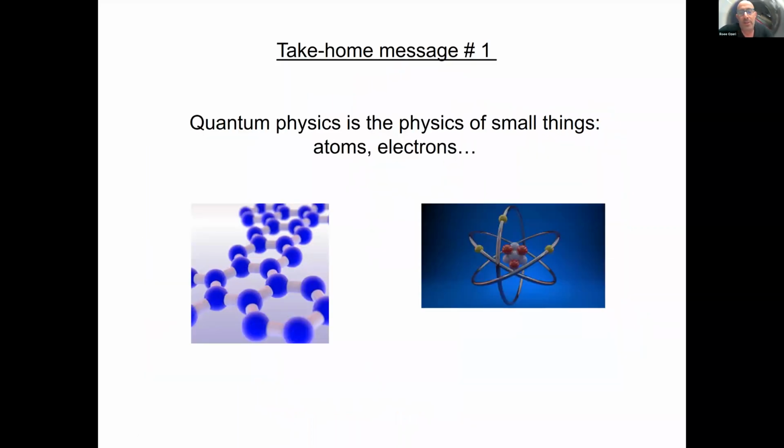So one of the first take-home messages that I'd like you to leave this lecture with is that quantum physics is the physics of small things, atoms, electrons. If you dive into the small particles out of which all of us are made, we see that when we go to the microscopic world, the physics that we need to use changes. Instead of using Newton's mechanics, we need to use quantum mechanics. So quantum mechanics is the physics of the microscopic world.